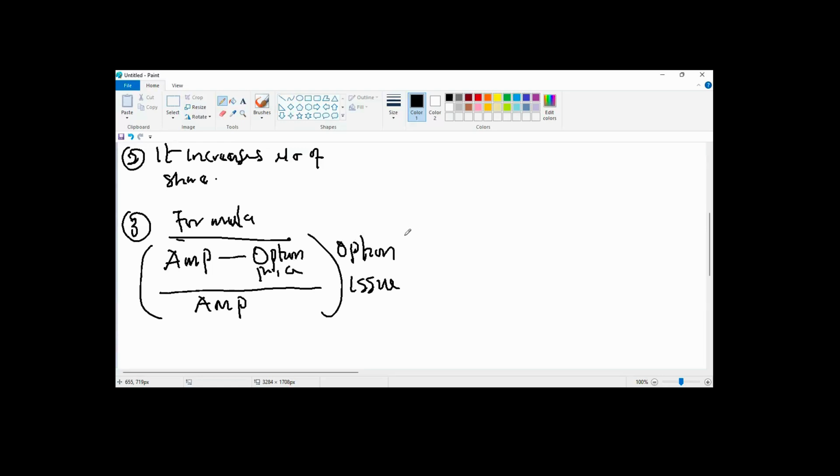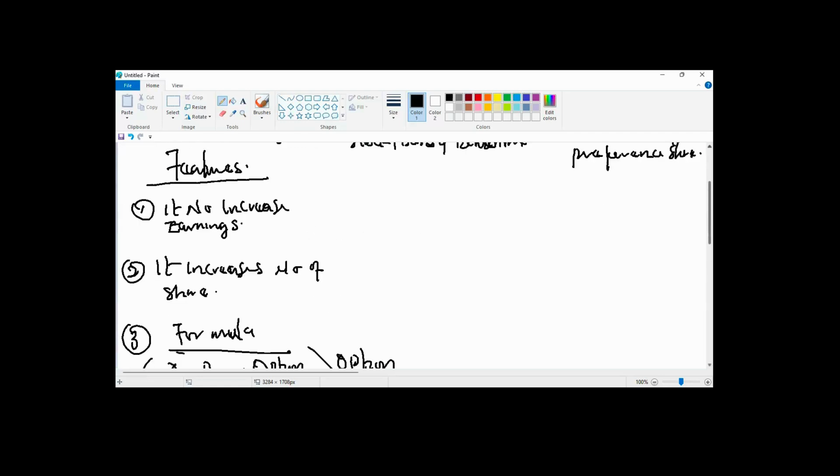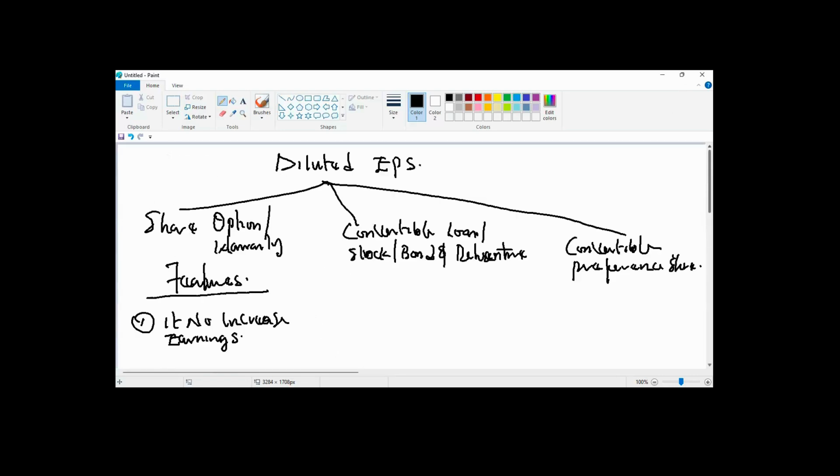These are the three things that you must know about share options, which we are going to see when we start calculating. No increase in earnings does not bring anything on board, but it will increase the number of shares, and I will apply the formula. But for the convertible loan and preference shares, what are their features?